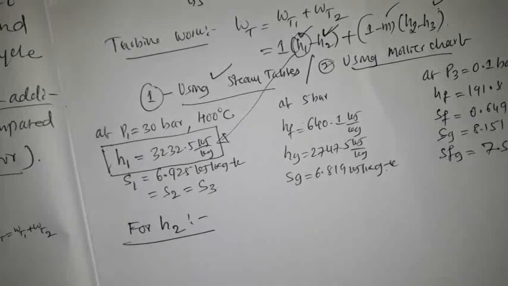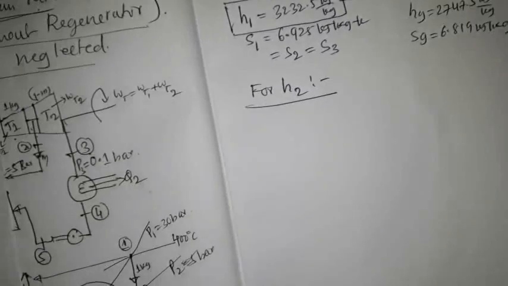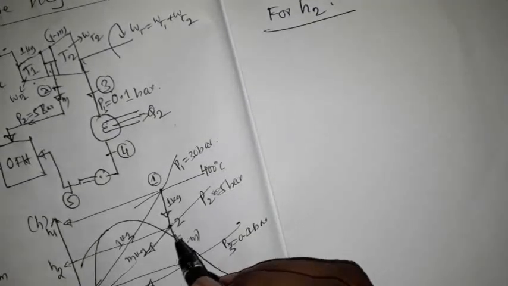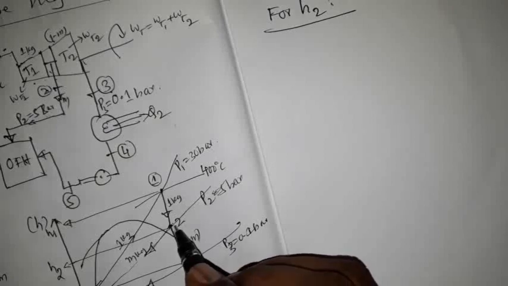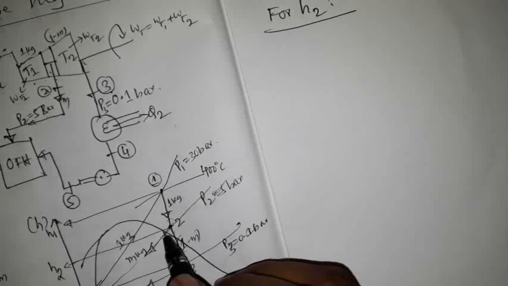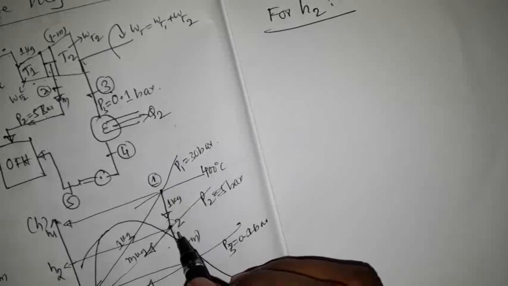As we are solving from the steam tables, we need to apply the required formulae for calculation of this H2. So for calculation of enthalpy at state 2, we must know the condition of the steam at state 2. We don't know exactly whether state 2 is superheated steam, saturated vapor, or wet steam. So we don't know exactly what the condition is.